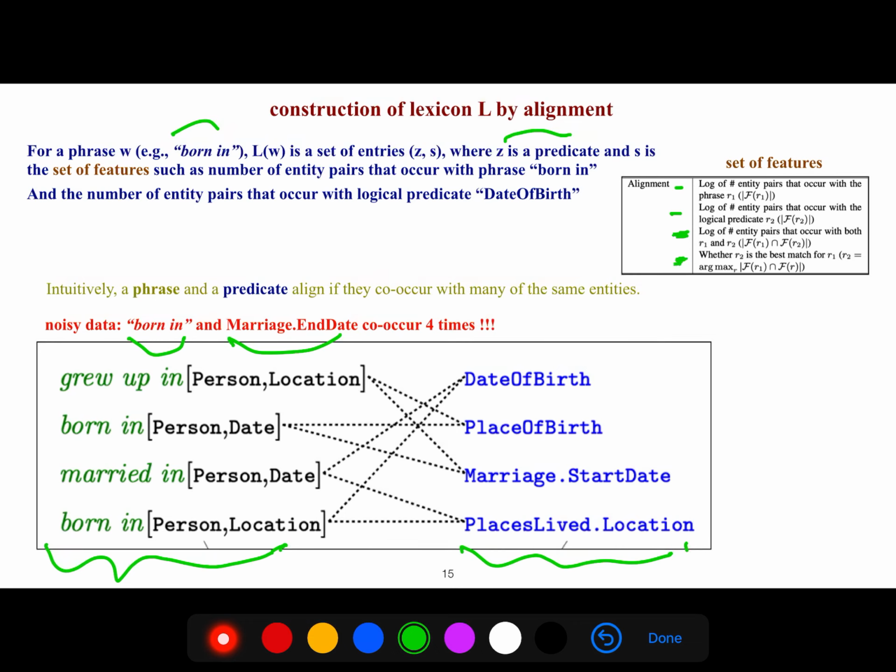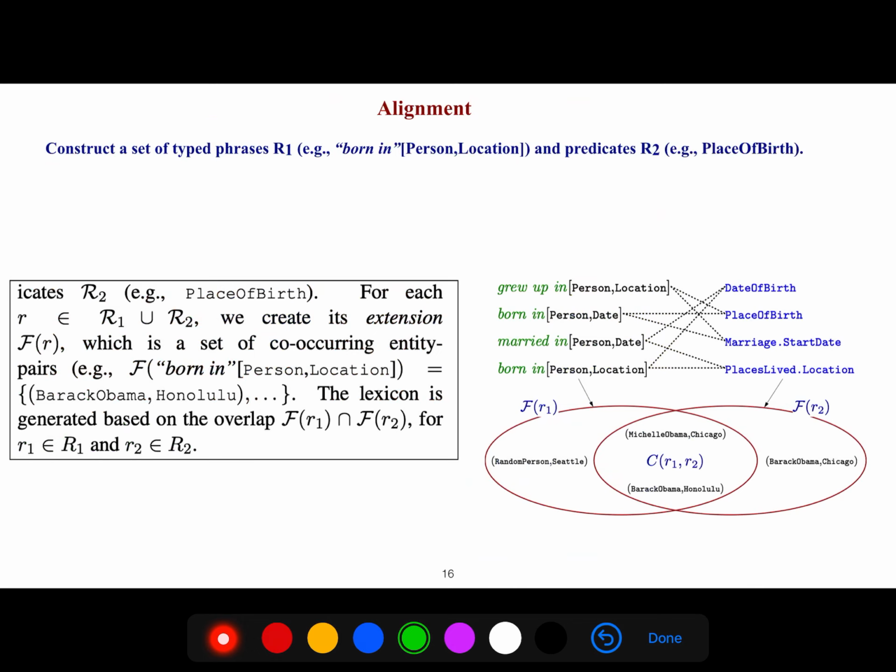And the last feature is also interesting: whether R2 is the best match for R1. And so for alignment, even for word to word, we have 4 features. As I said, alignment is not enough.